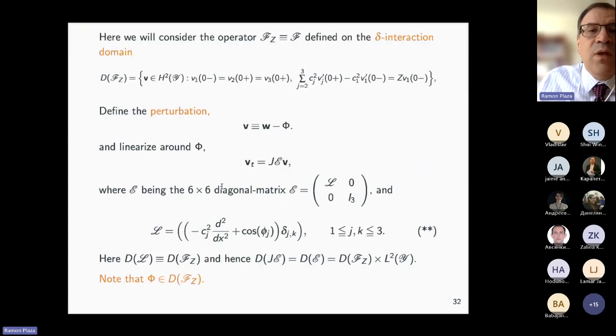But now we will consider the operator F on this domain, which is the delta interaction domain, and we will define a perturbation. So the perturbation is going to be the solution minus the profile, and linearize around the perturbation. So if you linearize around the perturbation, you now have an operator which has almost the same form. It's the same J times this calligraphic E, but now this calligraphic E is actually the linearization around the profile.